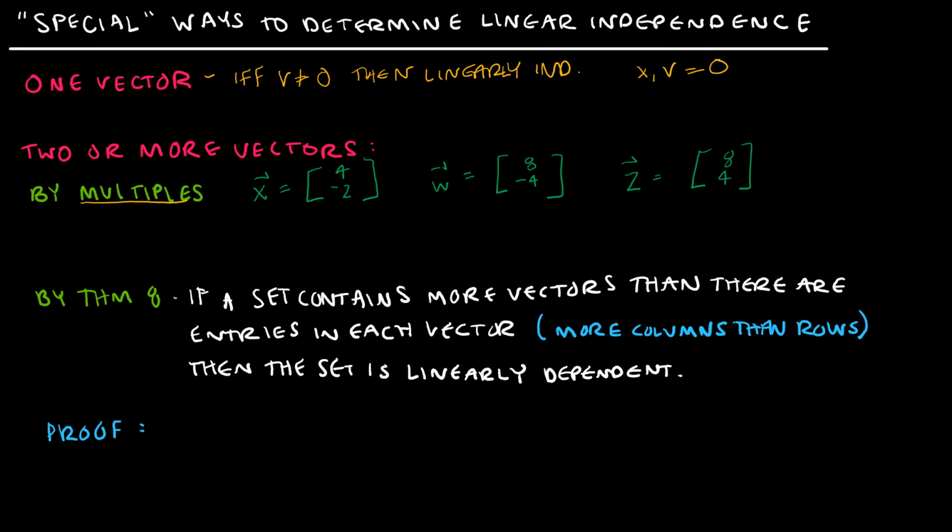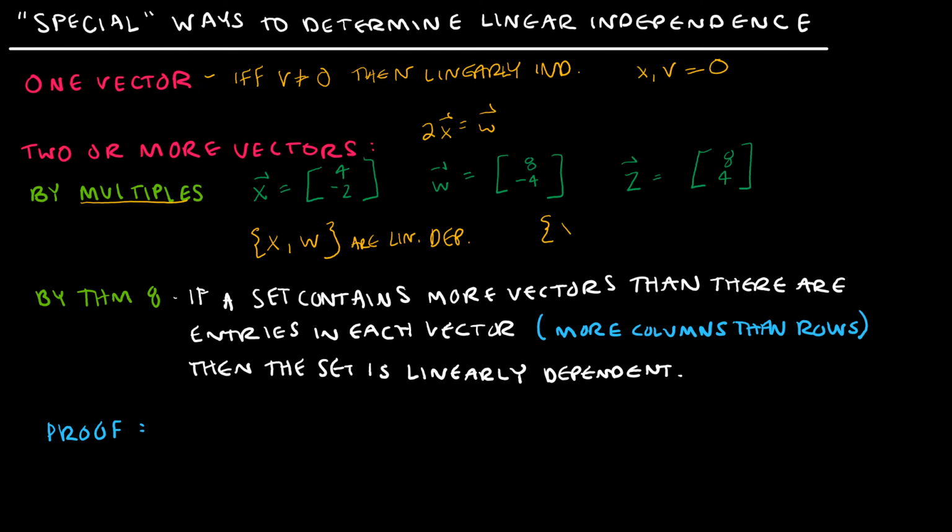Well, I can look at the set of x, w, and because I can take 2 times x to get w, then w really isn't necessary because it's redundant. It's just 2 of a vector that I already have. So these are linearly dependent.